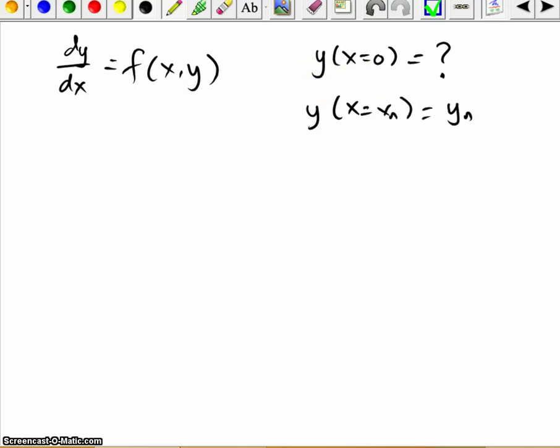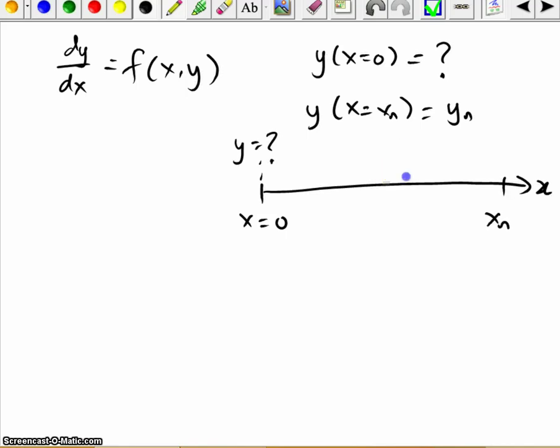So in the axis of x, at the first point the value of y is unknown, whereas at the last point, this is given by some yn value. This type of problem is known as a boundary value problem, and this is what we're going to consider in this lecture.